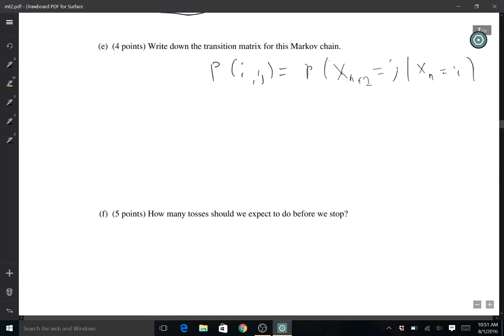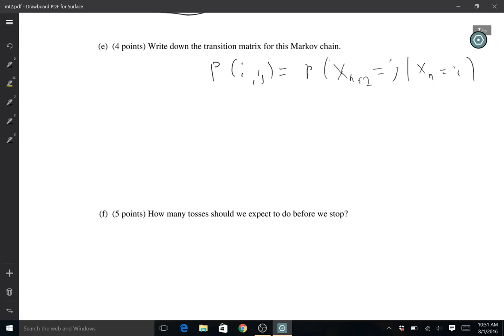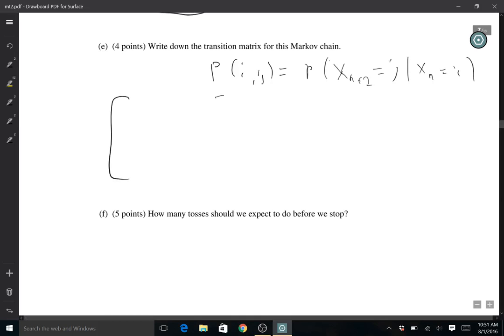So i is the ith row and j is the jth column, and what that specific entry represents is the probability that you are at j on the next time step given that you are at i. So we'll start drawing the matrix.